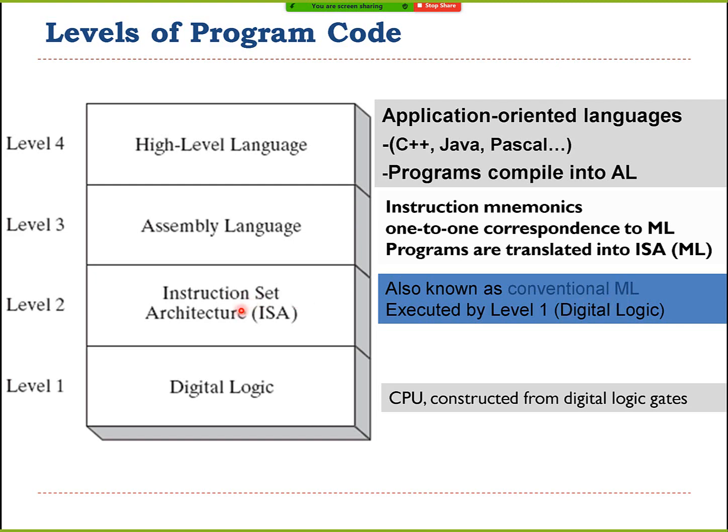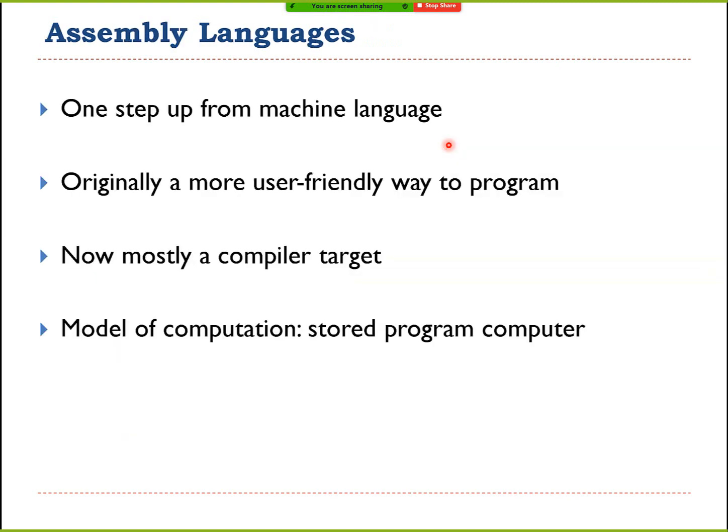Then the lowest level is our digital logic, our gates and so on, which performs all these operations. As you go lower, it is harder to understand, so it is much better for us to write our code in the high level language.